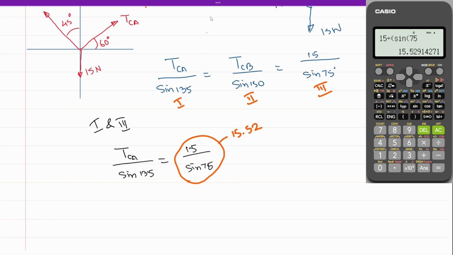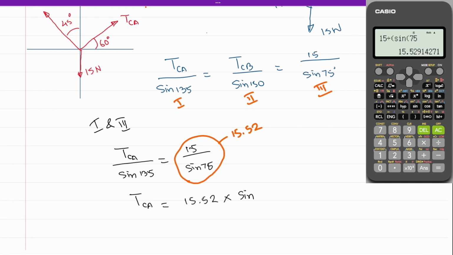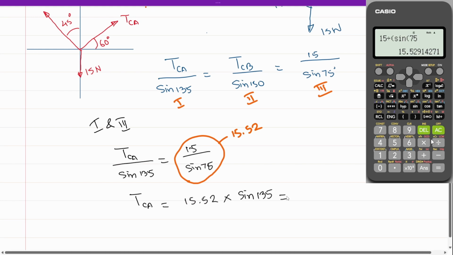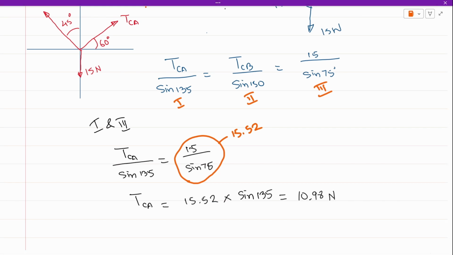So in that case, TCA will be equal to 15.52 into sine 135. So which will be this multiplied by sine 135. So we are getting 10.98. So TCA is 10.98 Newton.